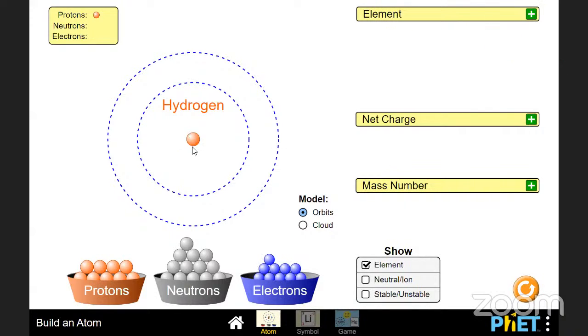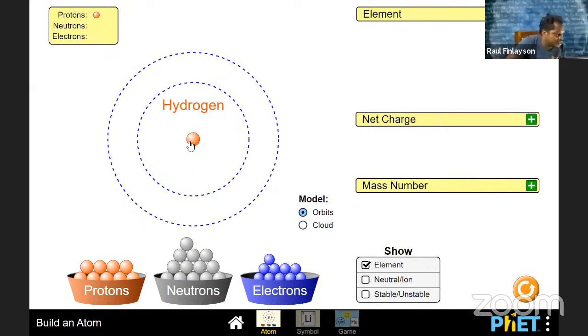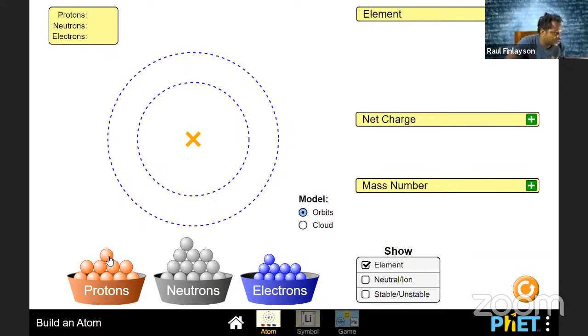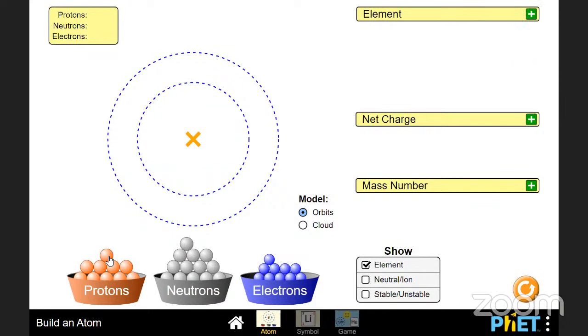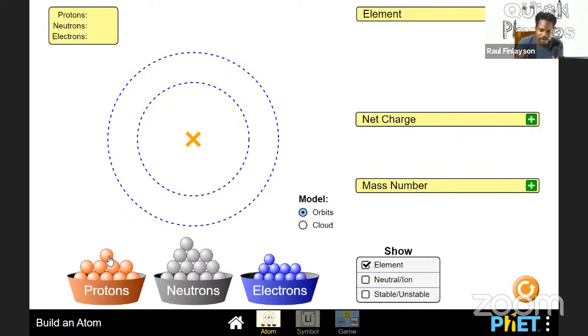Hydrogen. Sir, hydrogen. All right, so hydrogen is there. If I were to remove it now, you realize that there's no more hydrogen, right? Yes, sir. All right. So let's talk about the structure of the atom now. The middle of the atom is made up of protons and neutrons, right?